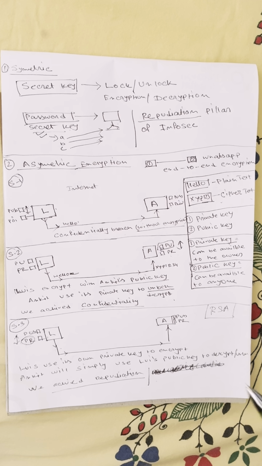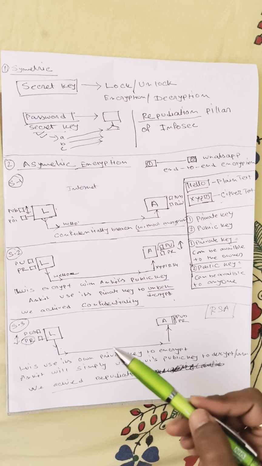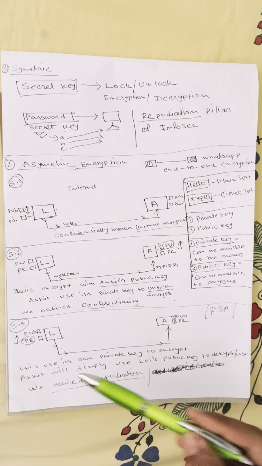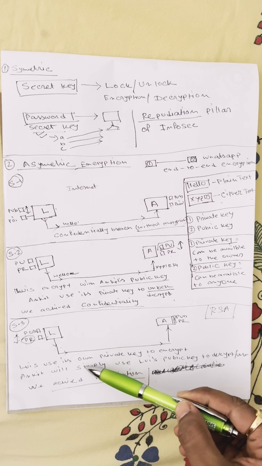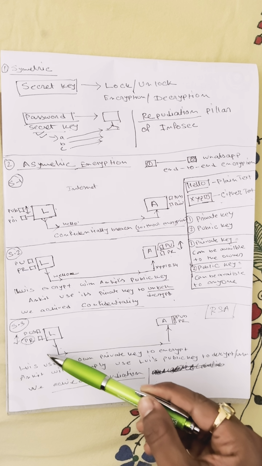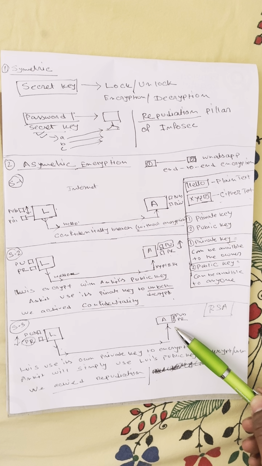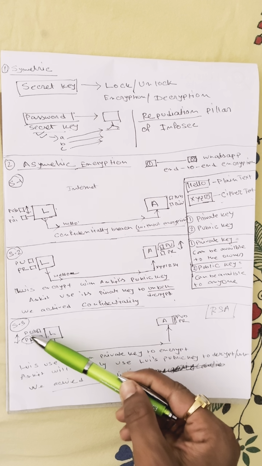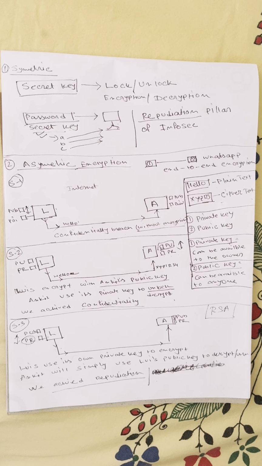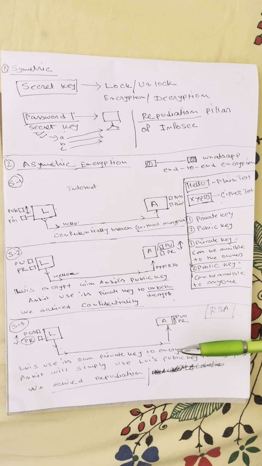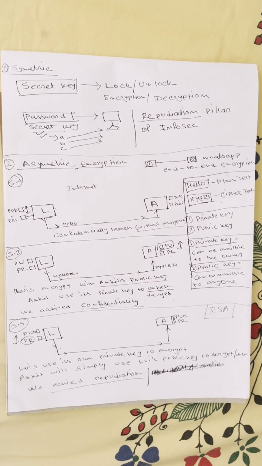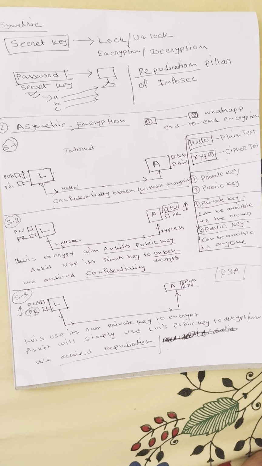If they ask you about repudiation, the best answer is the sender will send this message by encrypting it with its own private key, and the receiver will decrypt this message with the sender's public key. In the exam, they may give you a scenario and ask for a potential good answer. For confidentiality, scenario 2. For non-repudiation, scenario 3 will be the best answer, right?